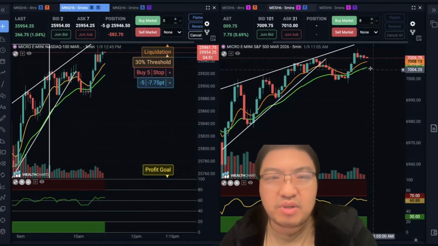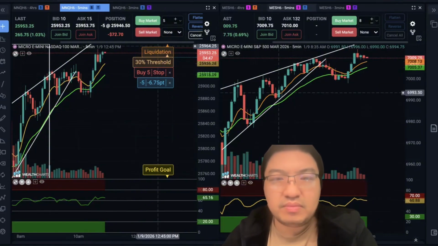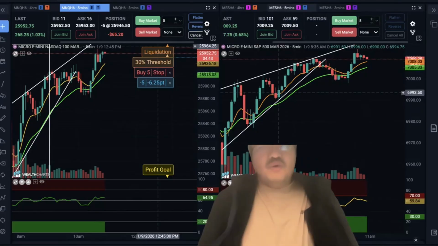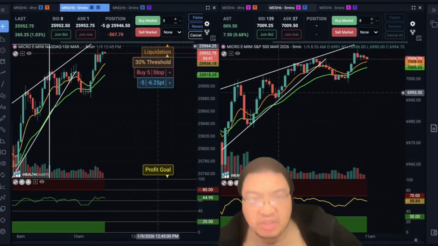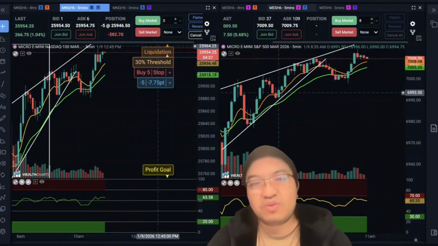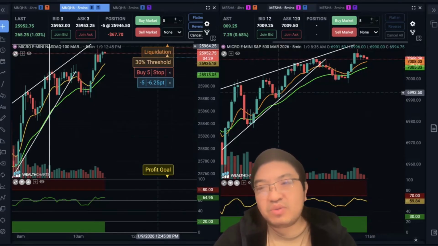Need to break the support. Never increase position during a drop down, no matter what. Do not perform rescue. And escalation is only for increasing the win. Yeah, stick to my principle.